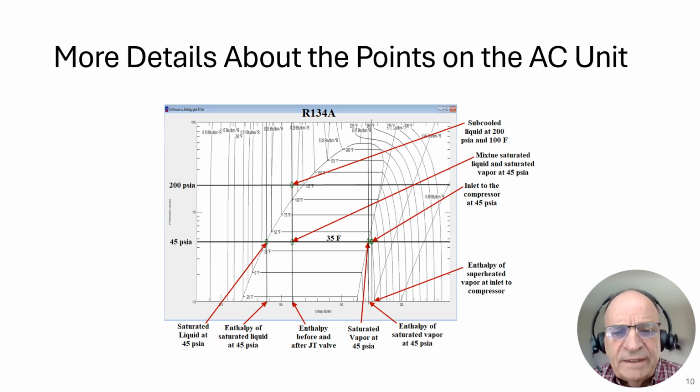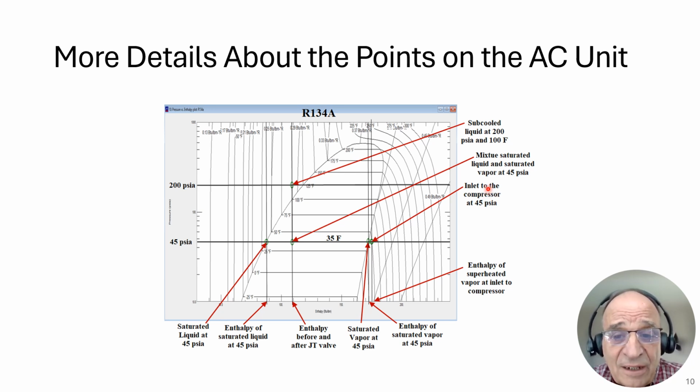This is a more detailed drawing of the same thing we were just talking about, except this one is done by computer-generated drawing versus a hand-generated drawing. And if you look at here, what we just calculated was this point here, which was the inlet to the compressor. What other points can we talk about?